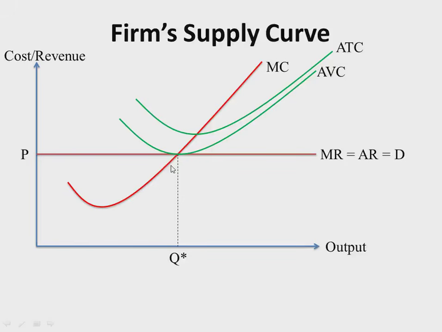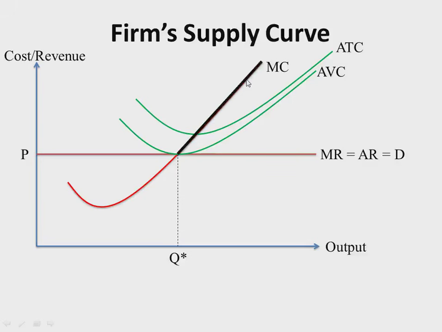Well, it should be noted that since the shutdown point is a price set at the minimum of the average variable cost, and that the firm will not produce anything below that price, and for any price above, the firm will be more than happy to produce, it means that all the part of the marginal cost curve that is above the minimum average variable cost gives the supply curve for the firm, and we can denote that with the black line.